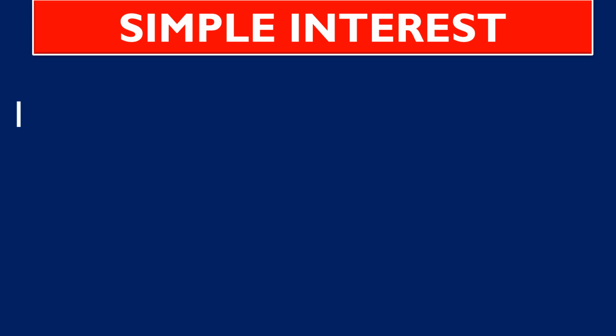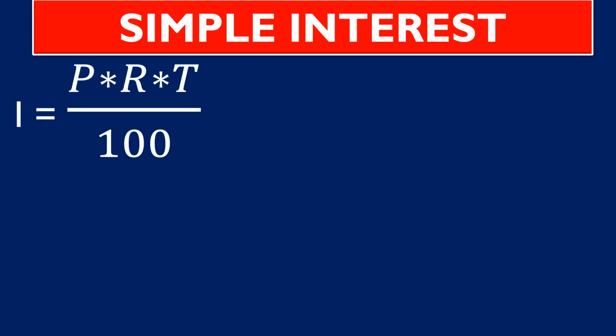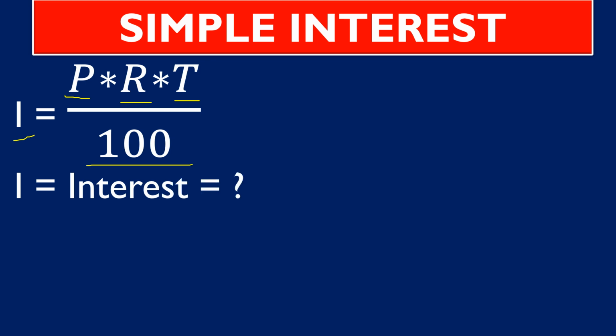So once again, we will be using the simple interest formula. Interest is equal to principal times rate times time, all divided by 100. That is PRT over 100. Now let's identify what our interest is. Our interest is unknown, and that's what we are going to solve for.